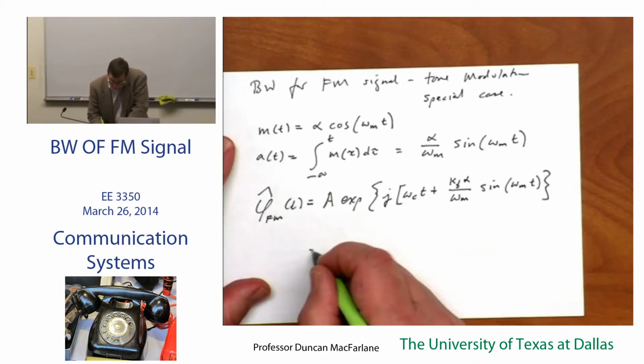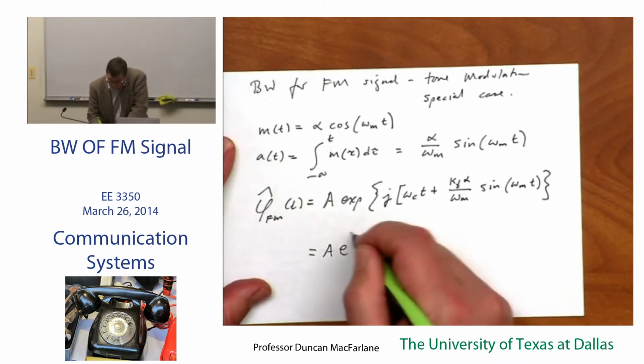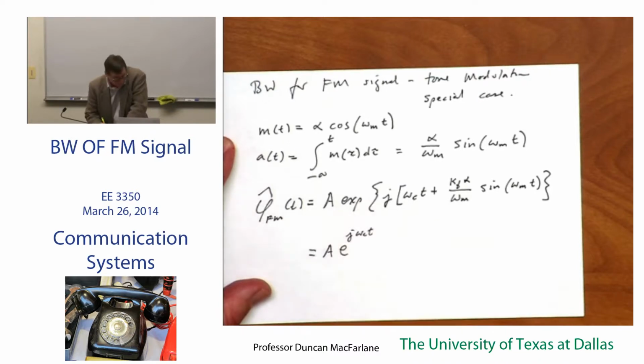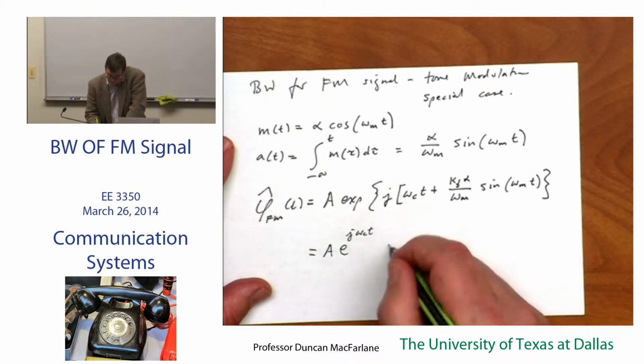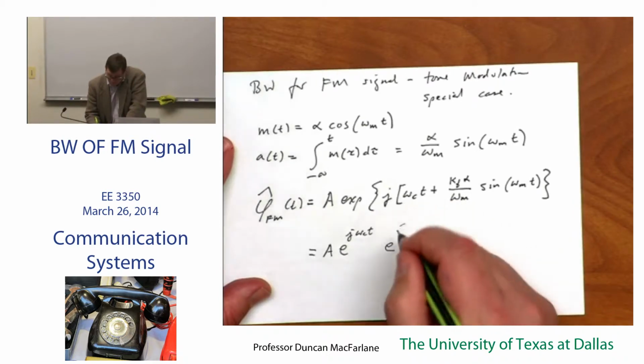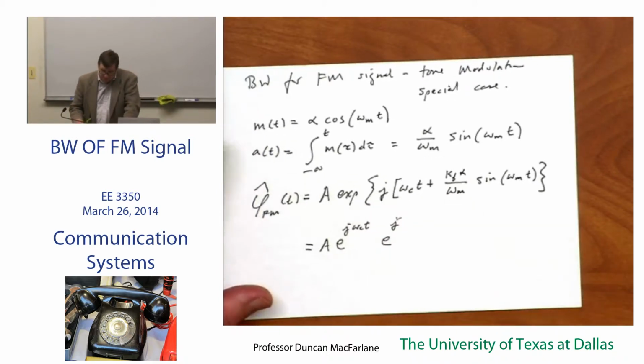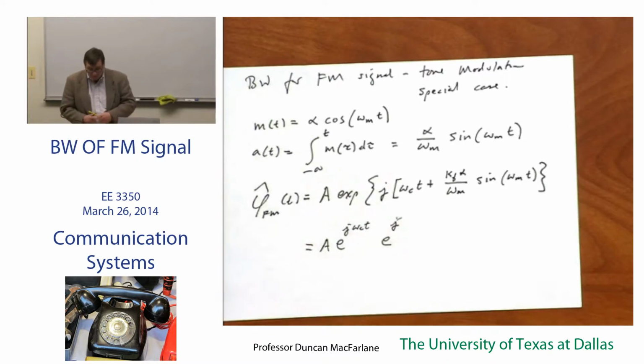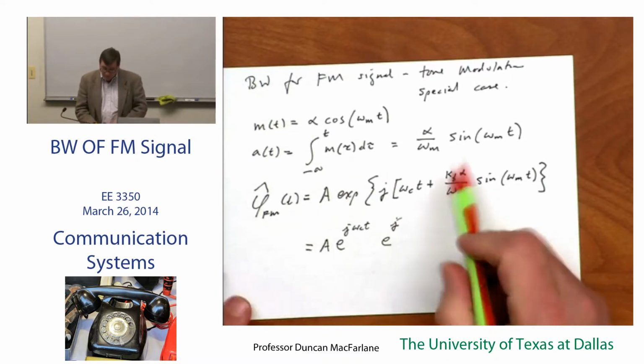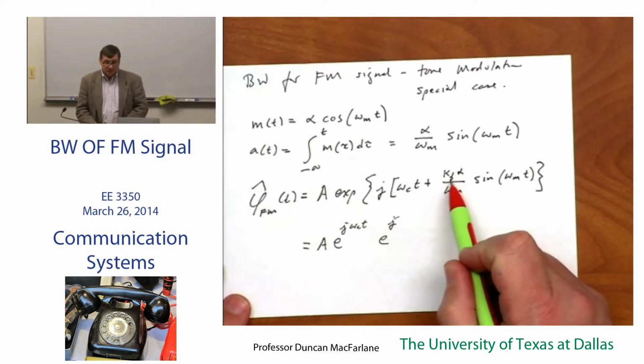Let me write this a little bit differently. A e to the j omega ct, there's nothing scary about that. e to the j, okay. Here's kf times alpha divided by omega m.